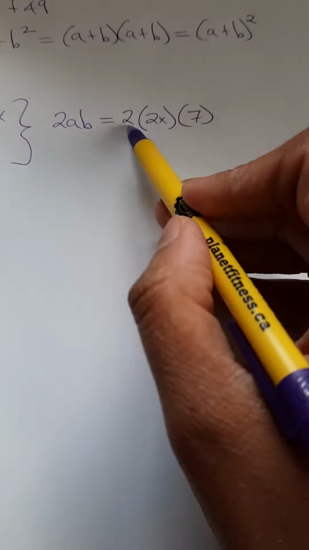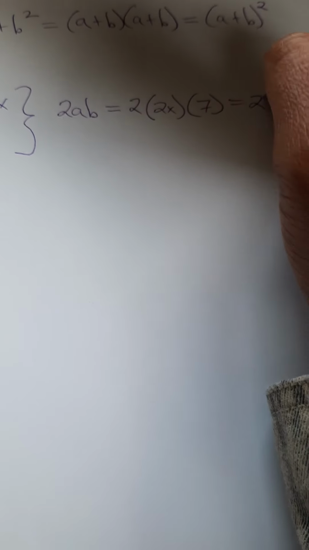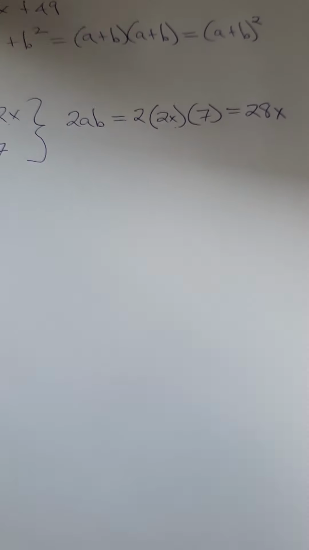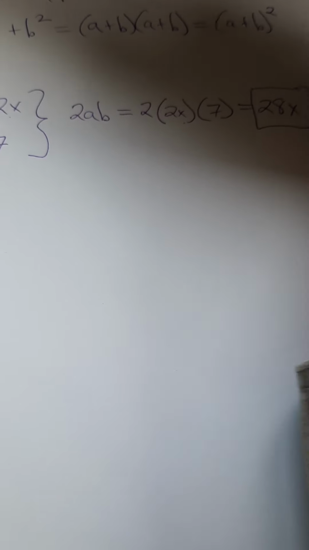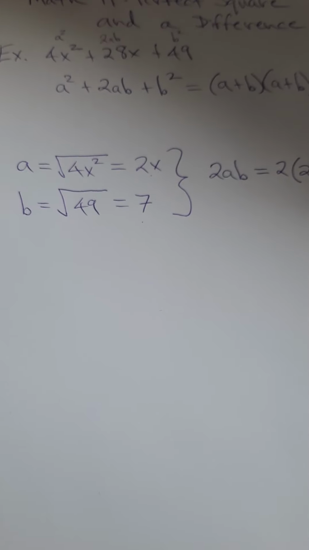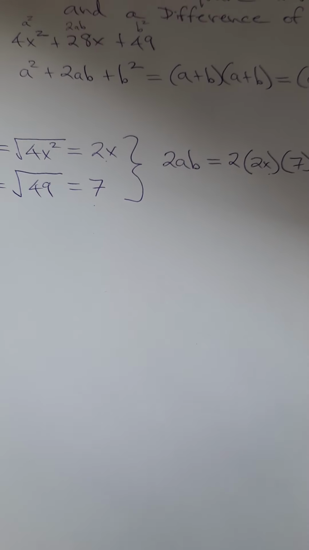So we're doing 2 times 2, so 4 times 7, which is equal to 28. And the x, I'm just going to leave the x here. Let's box our answer. So you notice we're getting 28x. If you look at your original expression here, that's equal to the middle term, which is 28x. Everyone see that?